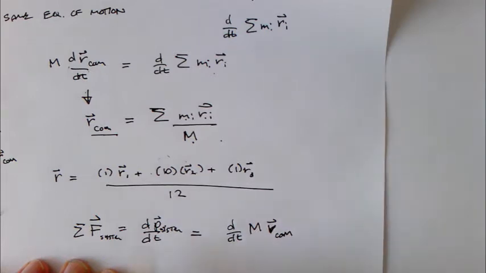Okay. So even though you've got some extended system that has a lot of forces acting on it, and the forces might be acting on different particles, the system as a whole is going to move in the way that the center of mass moves.